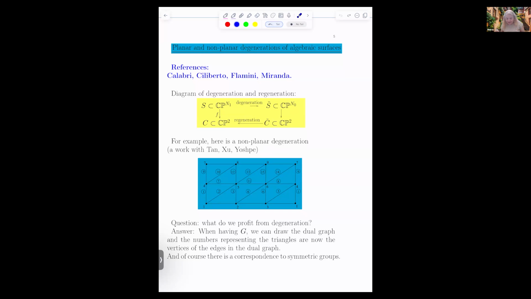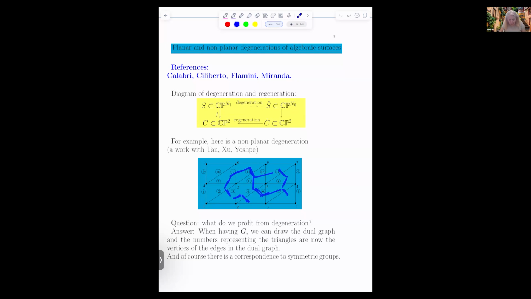The answer is that when we try to write down a presentation for the group G, we draw a dual graph. And the numbers representing the triangles are now the vertices of the edges in the dual graph, because we can draw the dual graph like this. Something like this.